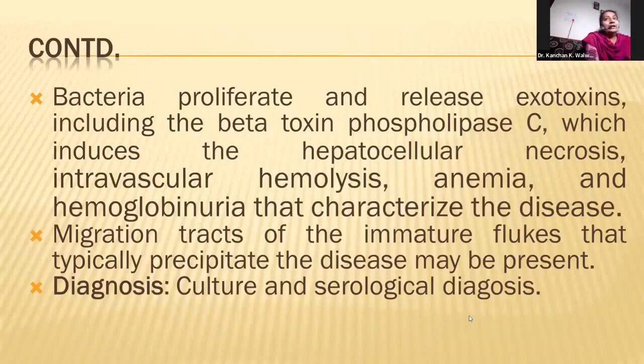You may also see an enlarged liver which can be easily palpated at the hypochondriac region and ahead of the last rib. The liver's anatomical position is the hypochondriac area, but in case of an enlarged liver, you can see much more mass of the liver beyond that margin. So one thing is pain in the abdomen, then you can find the eggs of the fluke in the fecal sample, and then hemoglobinuria and the season.